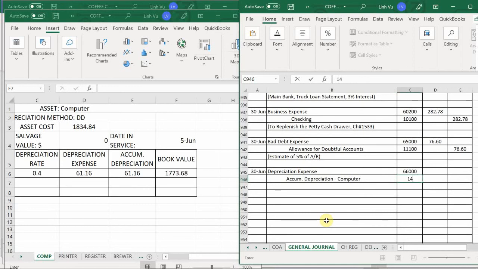No, it is 1411. Depreciation from the computer. Well, we have the right computer depreciation. What does the account say? Accumulated depreciation computer. Good.